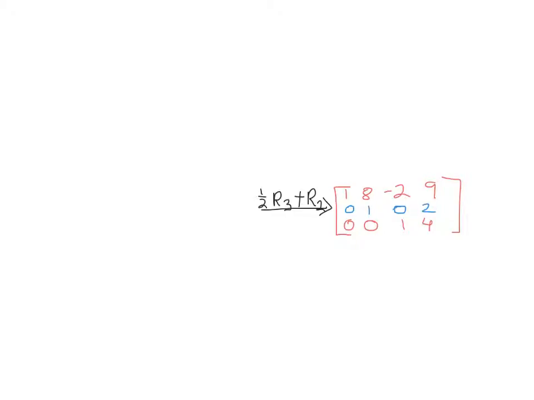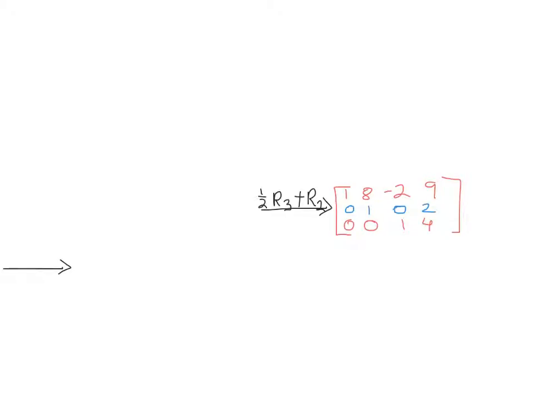Wonderful. Okay, so now we need to make this negative 2 into a 0, this 8 into a 0. So you tell me, what do you suggest we should do? It is a long process, and that's why I wanted to go over these problems. So you tell me, what should I do?